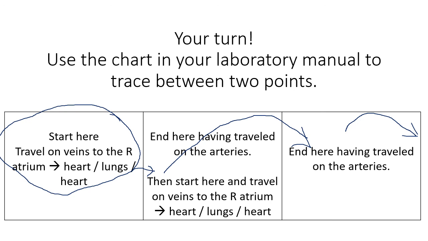If you're going to anything above the heart, well, you're going to end up on one of those three branches of the aortic arch. So that would be branches that would take you to your head, your neck, your shoulders, your arms. If you're trying to get to something that would be like below the heart, you're going to have to hit the descending aorta and travel inferiorly in the body.